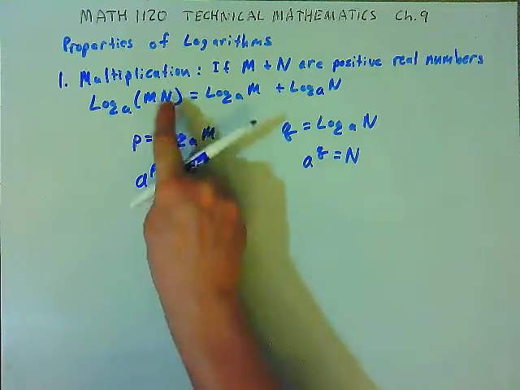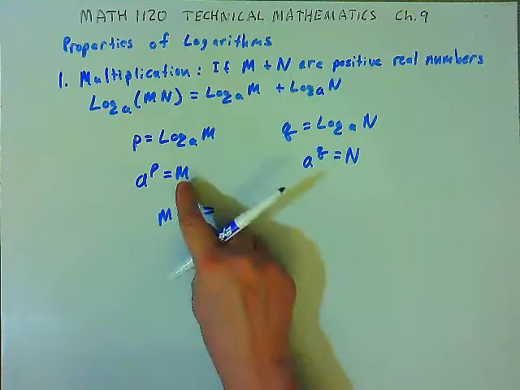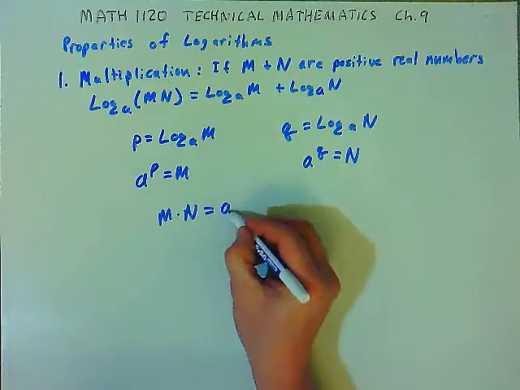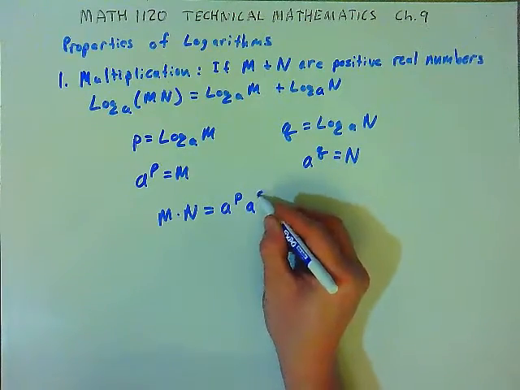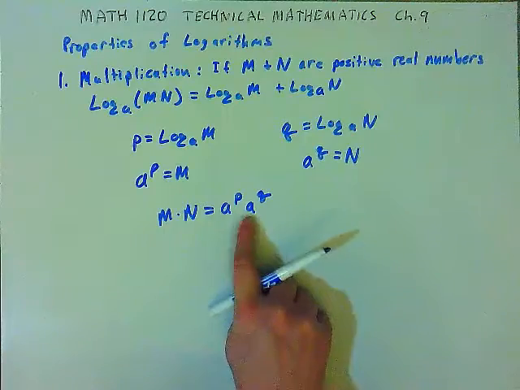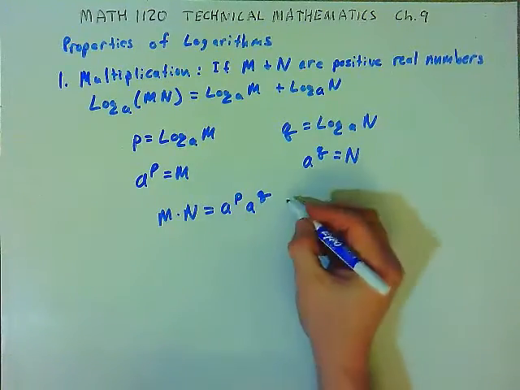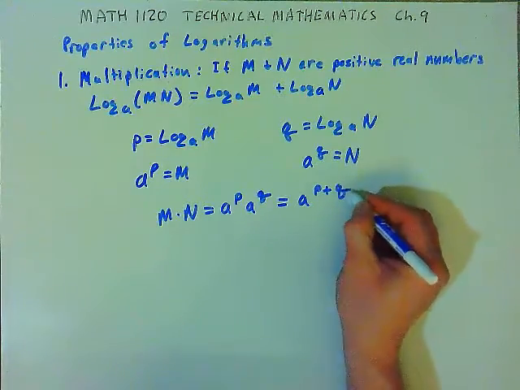And so when we look at the product of m and n, m is a to the p, and n is a to the q. And when we multiply two powers, if they have the same base, we add the exponents. And so this is the same thing as a to the p plus q, right?